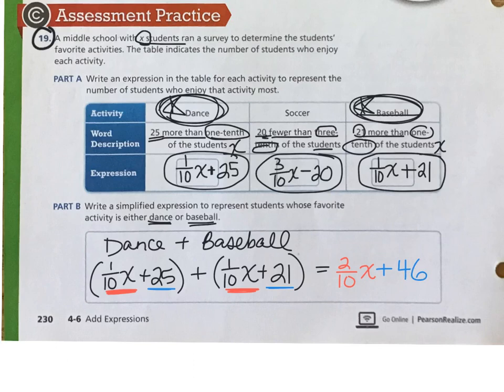So our simplified expression to combine the students whose favorite activity is either dance or baseball is 2/10 x plus 46. All right, so hopefully this helps you understand how to write expressions and add expressions together to simplify.